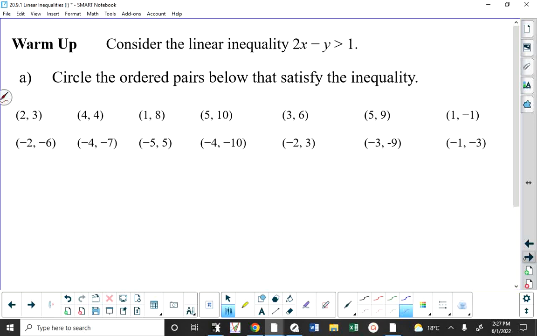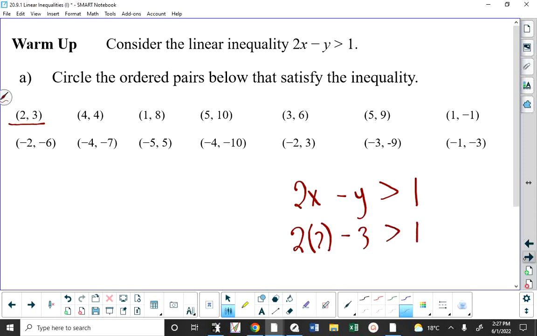For example, with 2x minus y is greater than 1, if I put in my x value of 2 minus my y value of 3, I end up with 4 minus 3 is greater than 1.